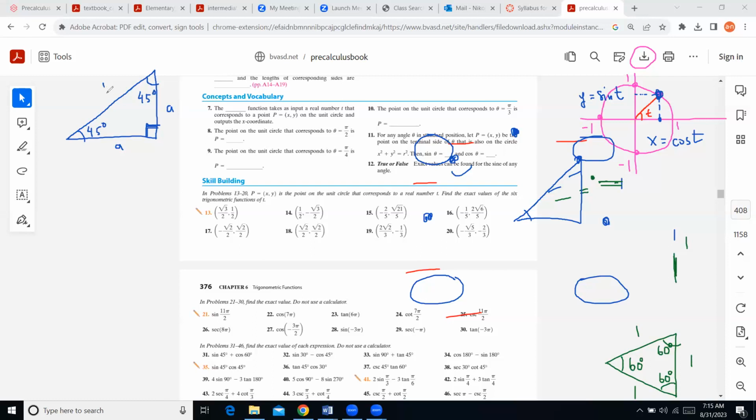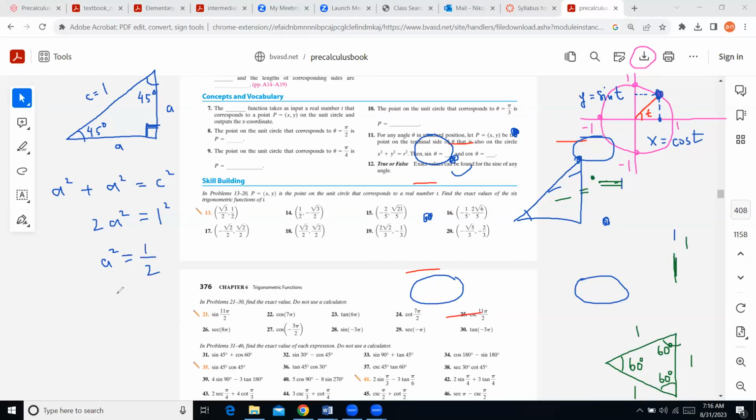So my hypotenuse here is 1, so we call the hypotenuse C. And now there are two sides in this right triangle, they are both the same, so I can call them both letter A. So I can say that A squared plus B squared, but it's the same as A, is equal to C squared, and if C is equal to 1, then 2 times A squared is equal to 1, or A squared is equal to 1/2, right?